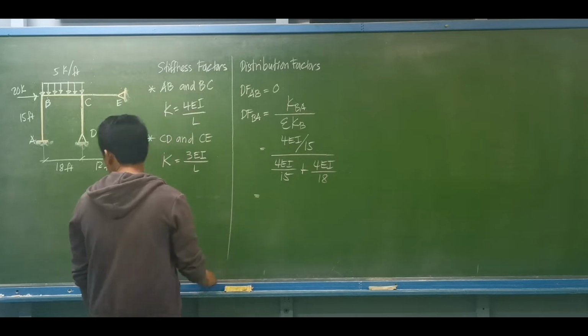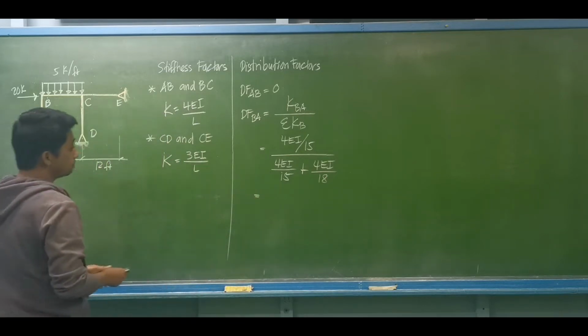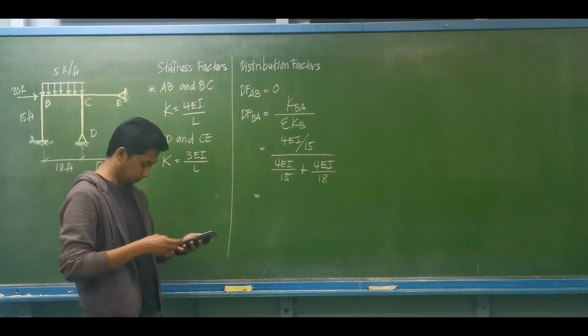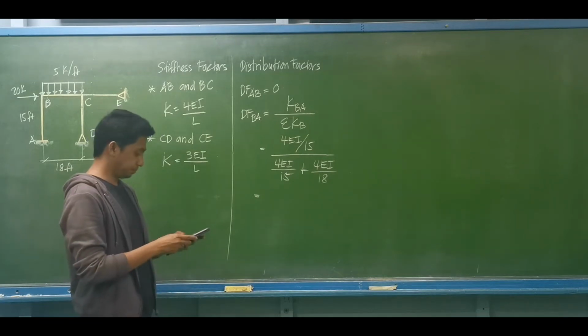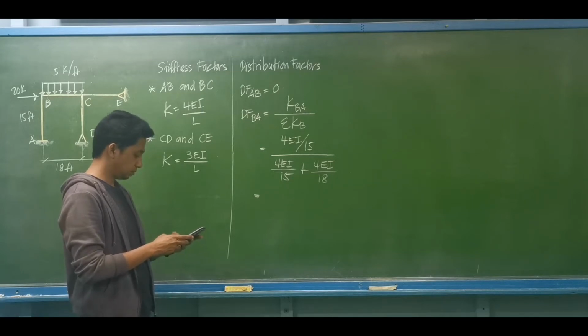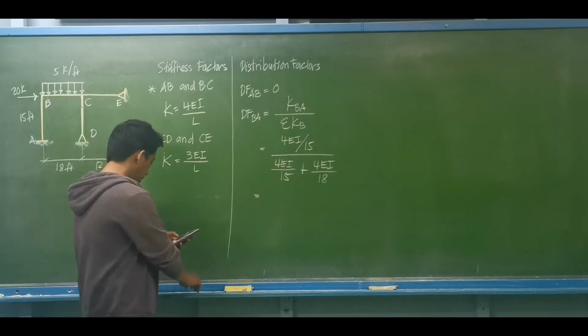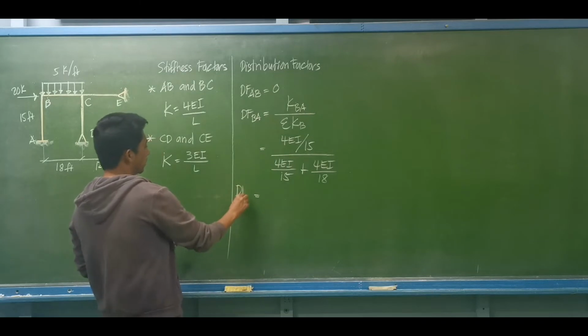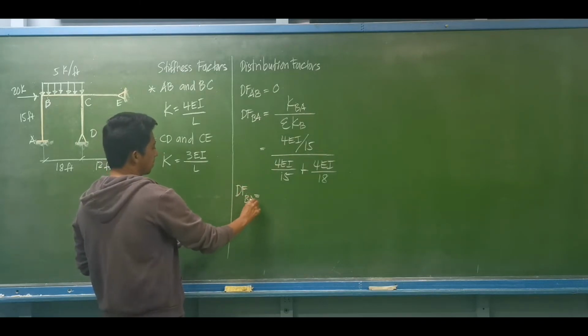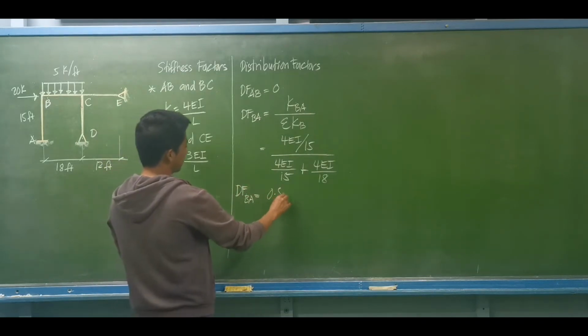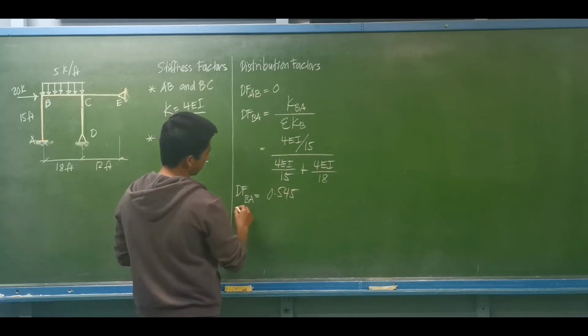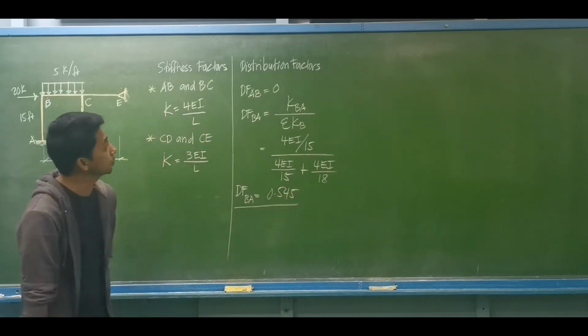So what will be the distribution factor for BA? The distribution factor for span BA is equal to 0.545. That will be our distribution factor BA.